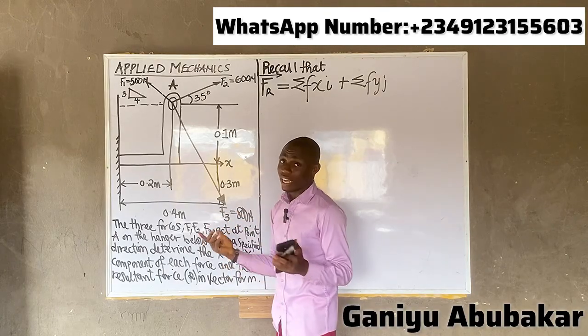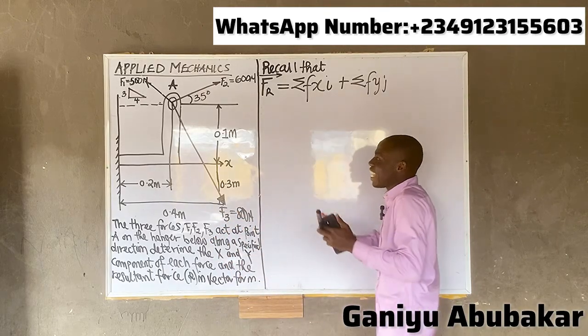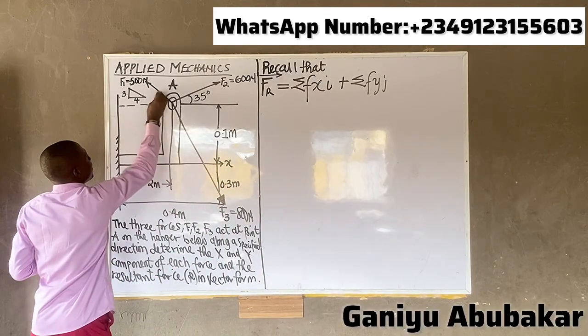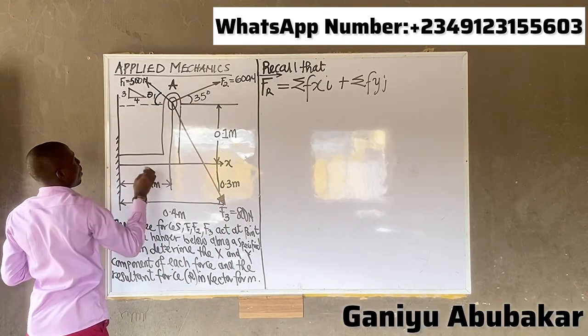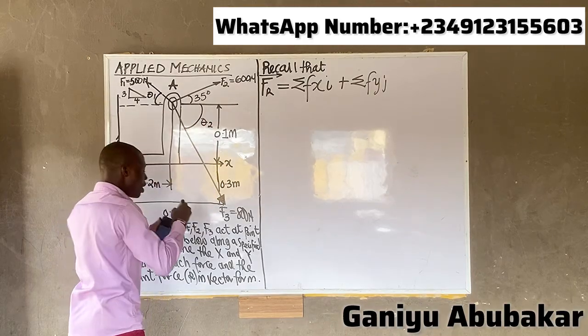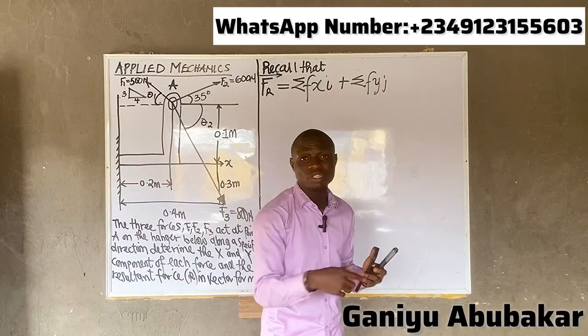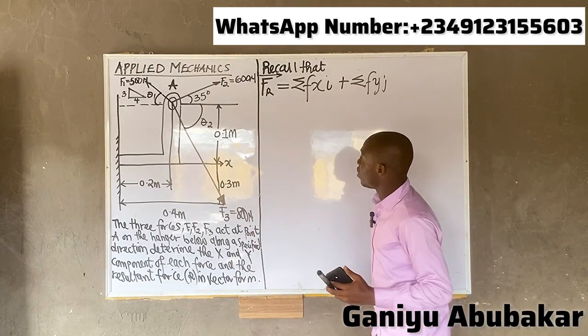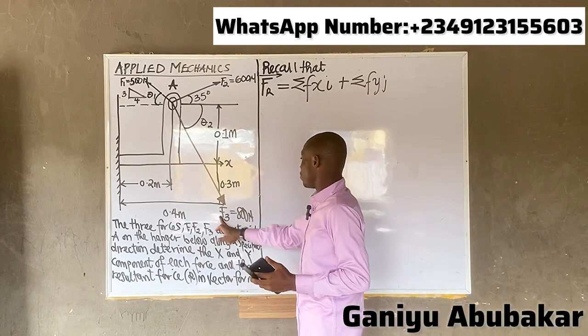That's the task. So let's analyze before we start solving. Let me call the angle here theta 1, and the angle here theta 2, for F3.